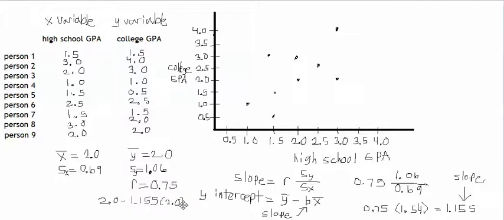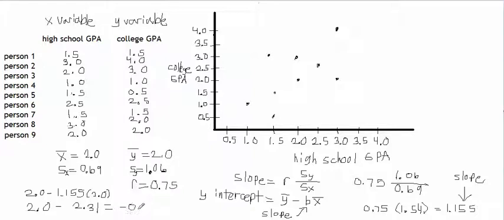So you have to subtract 2 by 2.31, and we get negative 0.31. So the y-intercept actually comes out to a negative number.